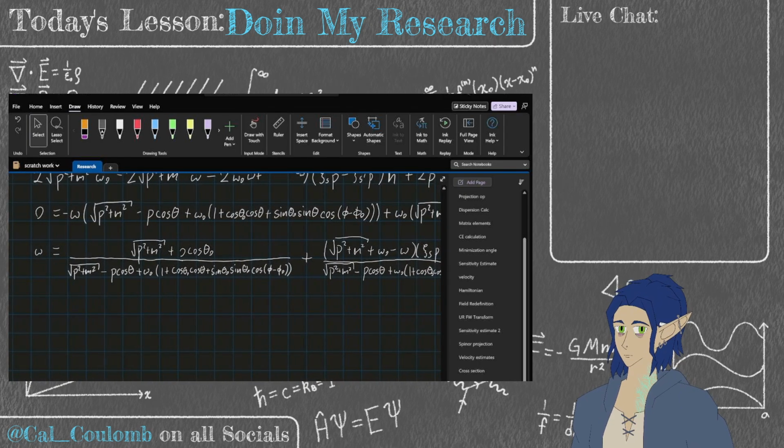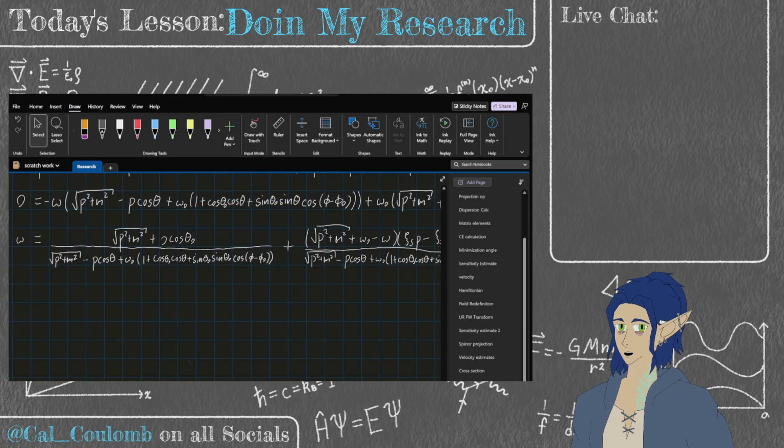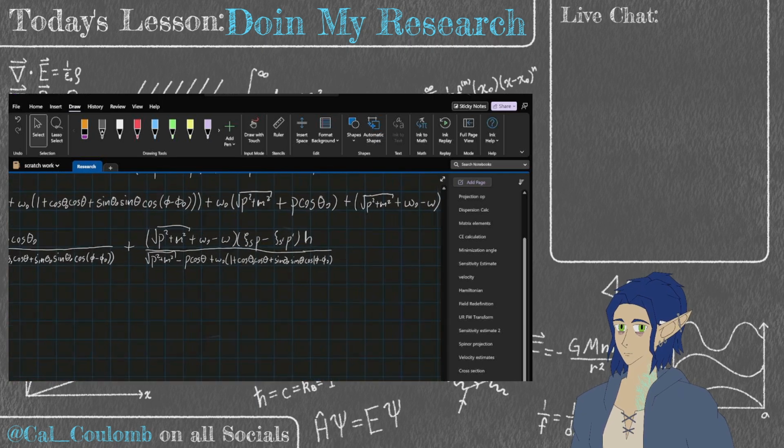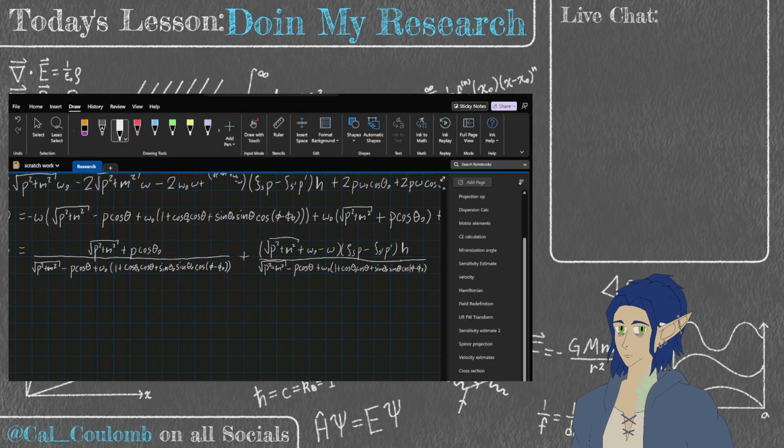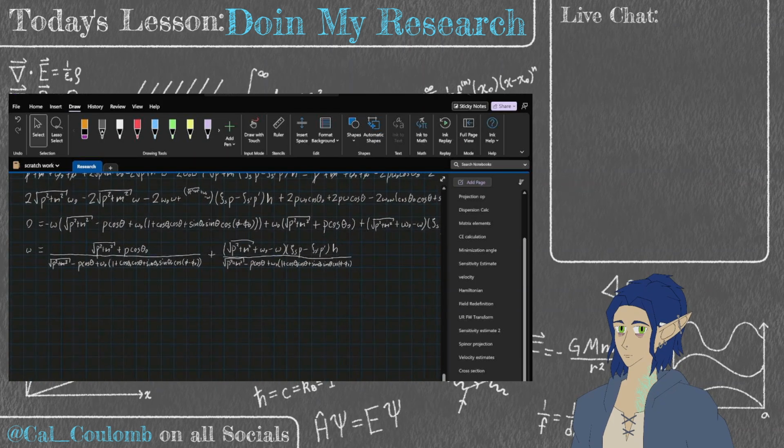But since we only want things linear in h, we can take our 0th order solution and plug it into our expression for p prime and this omega here, in order to get an expression for omega that is linear in h. And we can see that that is going to be somewhat nasty, but it is doable.